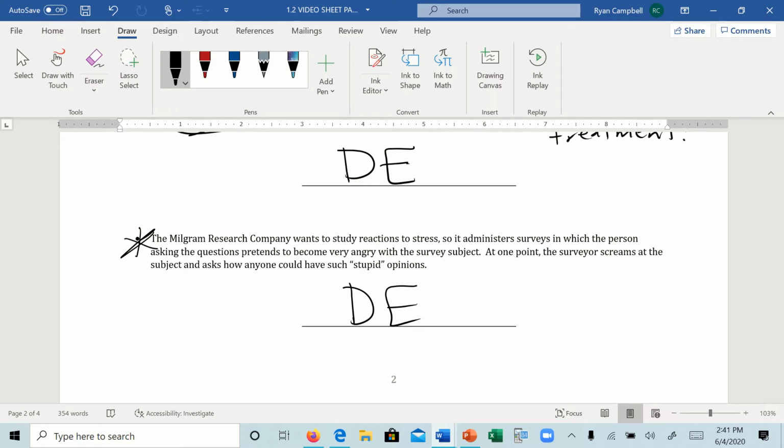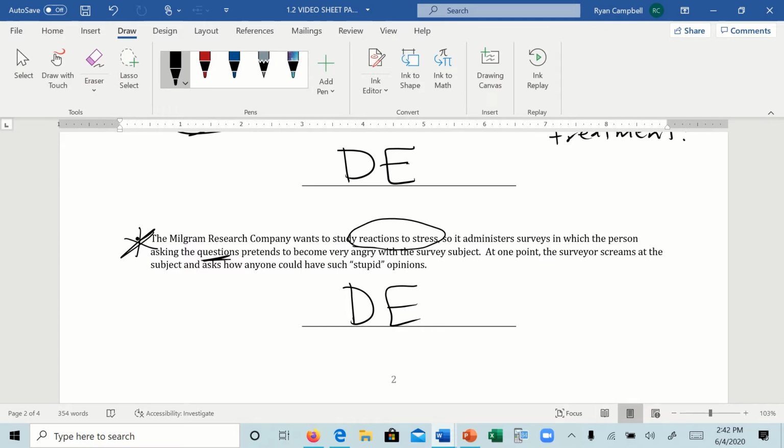Are they actually caring what the answers to the questions are? No, right? They actually said that they're trying to find reactions to stress. So they don't specifically care about how the questions are being answered, right? They're really trying to see in what way do they answer them, right?